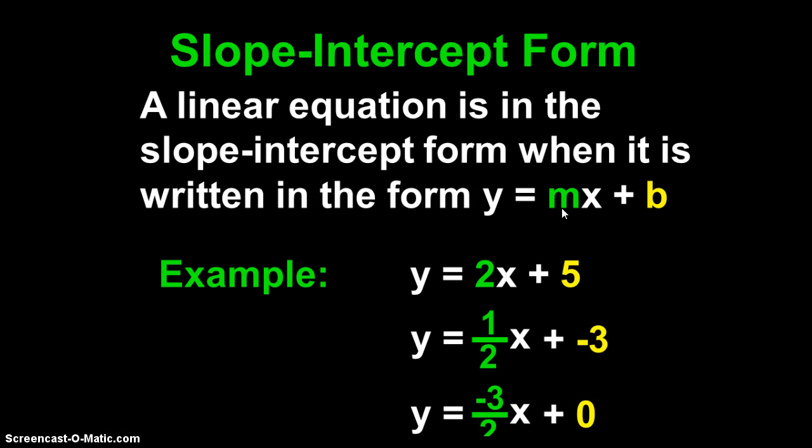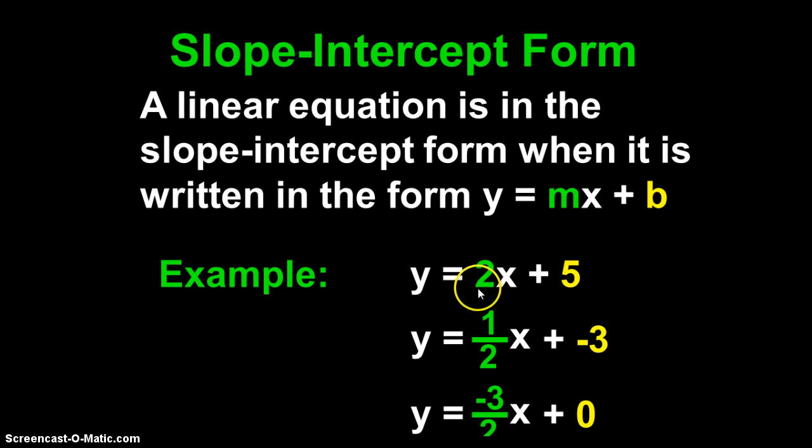the slope. So we have three examples: y equals 2x plus 5, y equals 1 over 2x minus 3, and y equals 3 over 2x plus 0. I know you cannot see the whole 2 in here because of my captioning, but this is a 2.